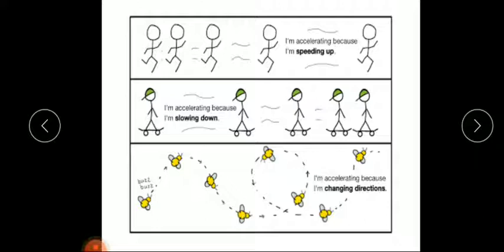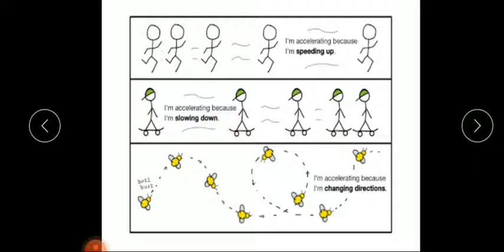So the person is accelerating because there is a change in velocity in his motion. Initially he was moving slowly, later he started to move fast. So we can say the person is accelerating.